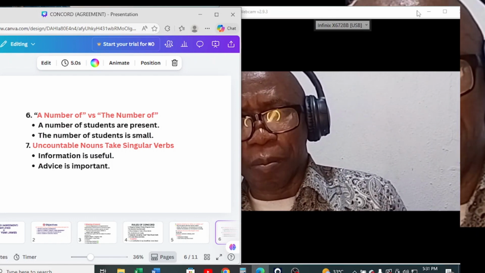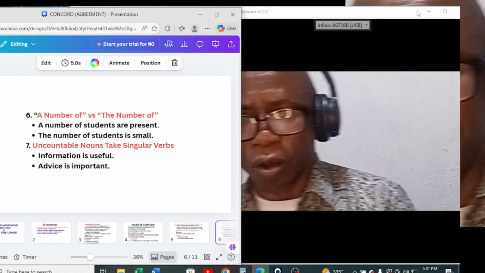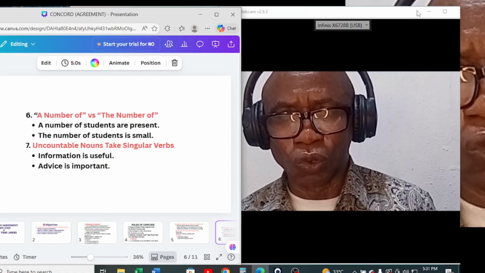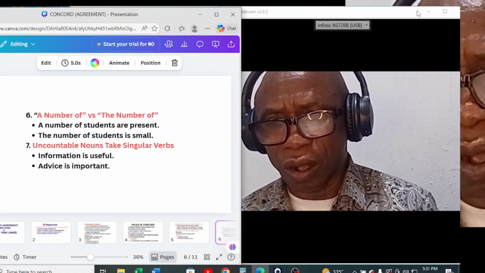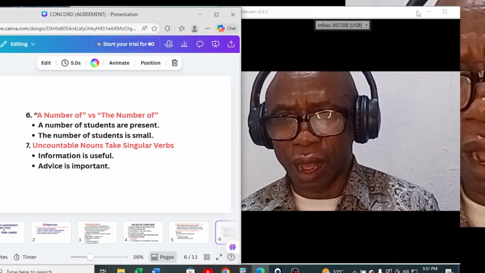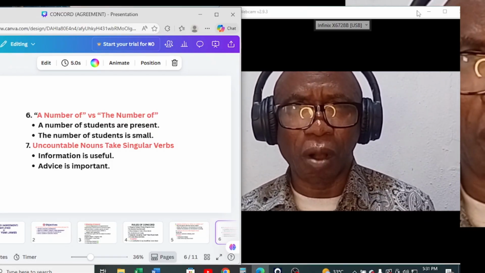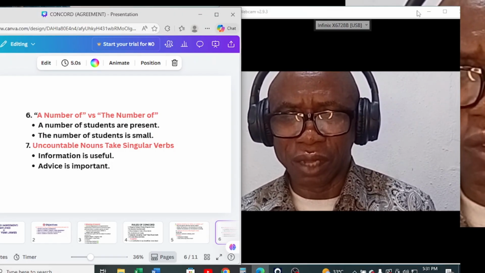When you use a number of students, the verb will be plural. A number of students are present. But look at the second sentence: The number of students is small.